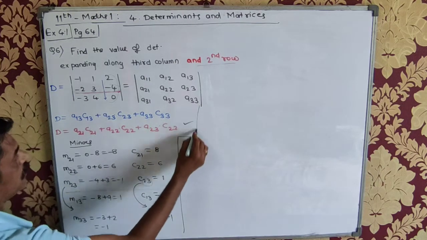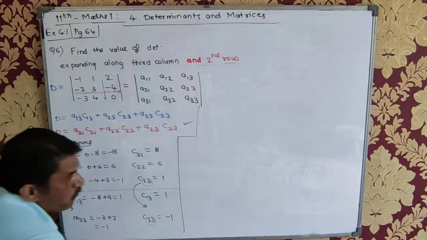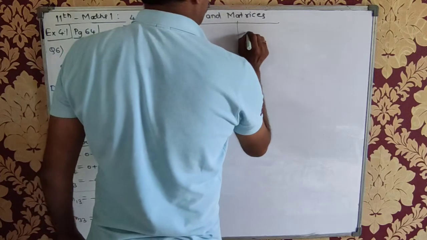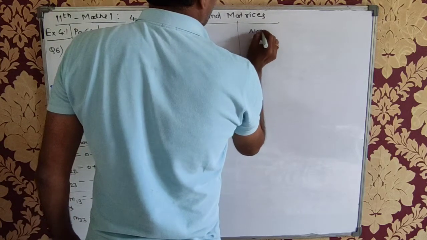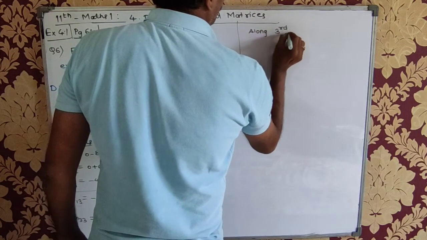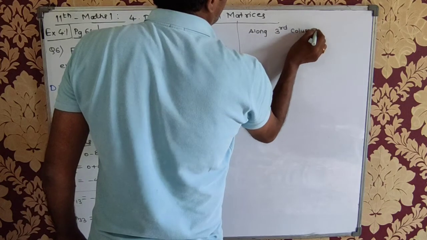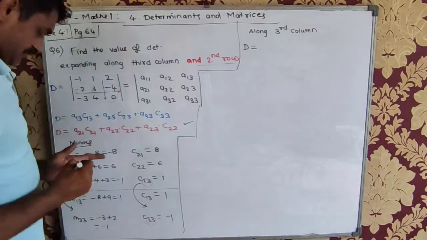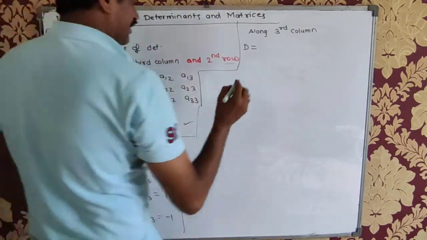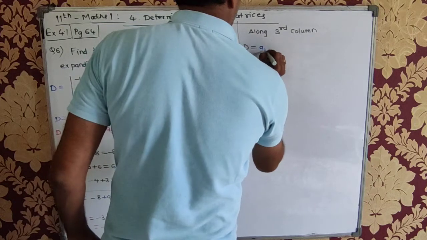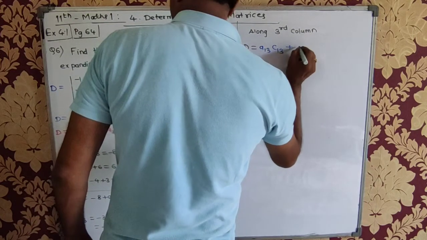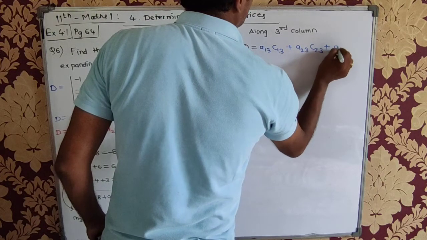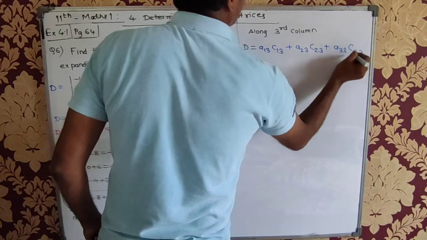Is that done? Yes. Now let us expand this. The expansion along the third column we will do first. D is equal to what? Along the third column I'll use this formula: D is equal to A13 C13 plus A23 C23 plus A33 C33.